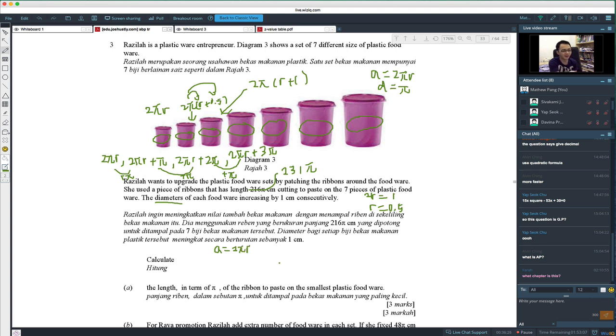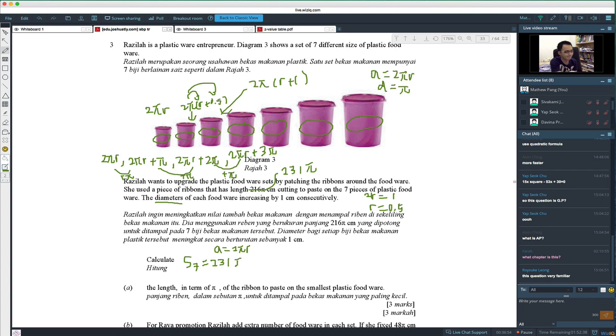Okay, so what I have as information is that the total length of the ribbon for the 7 plastic footwear is 231 pi. So I will say something like this: S7 will equal 231 pi.